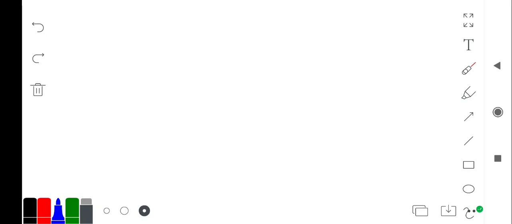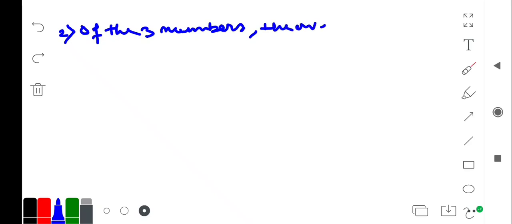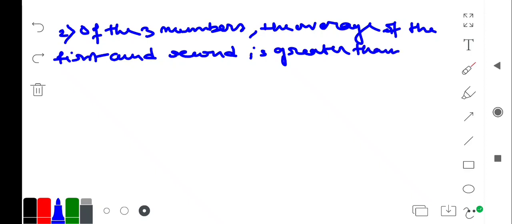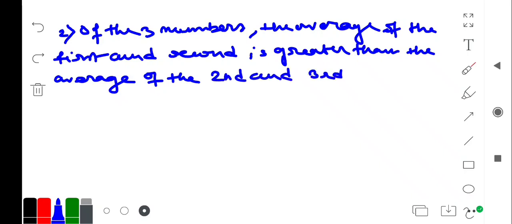Next question is, of the 3 numbers, the average of the first and second is greater than the average of the second and third by 20.